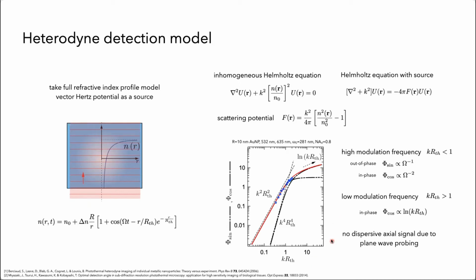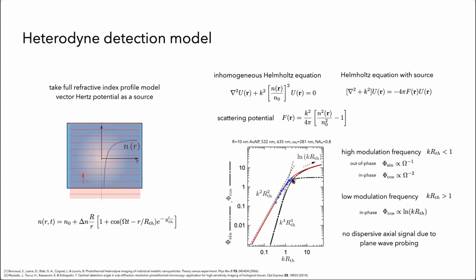The argument was just that the Gaussian beam is essentially, in the focal plane, a plane wave. So what you get is a diagram, which has actually been calculated in a different way, but essentially it corresponds to the early findings. You get a frequency dependence of your photothermal signal, and now you get an out-of-phase and an in-phase signal.